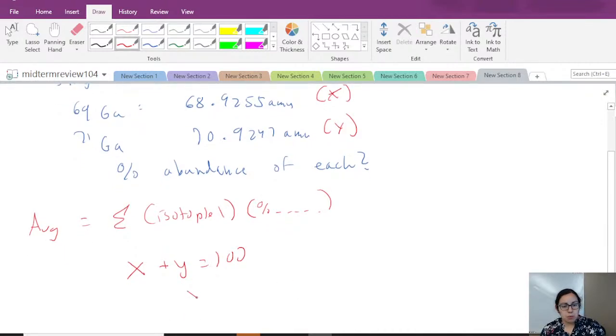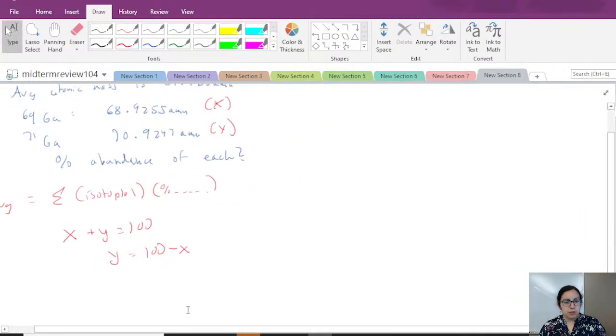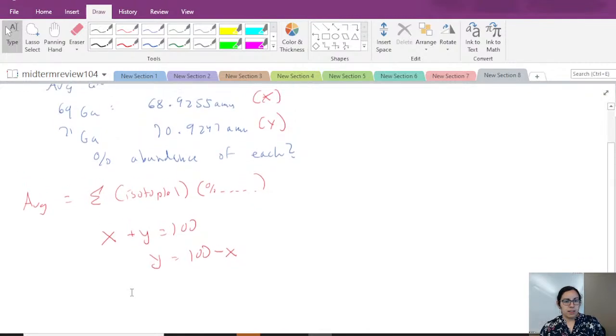And so then we can say Y is equal to 100 minus X. Now we have enough information to solve and plug in for our variables. I'll set up the algebra and then give people a little more time to plug it in.